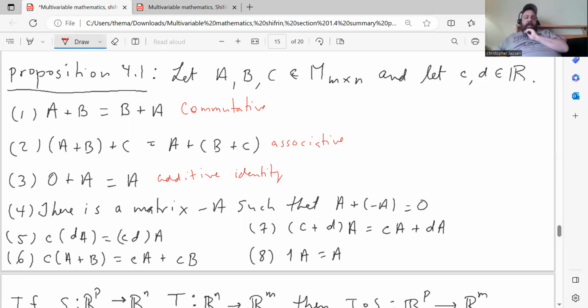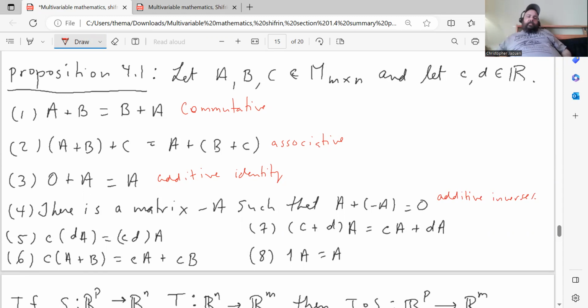So if you take the 0 matrix, as long as the dimensions match, plus any other matrix of the same dimension, then it doesn't change the value of the matrix A. There's also additive inverses. So for any m by n matrix A, there's a matrix that we call negative A, such that A plus negative A gives you the 0 matrix, or the additive identity.